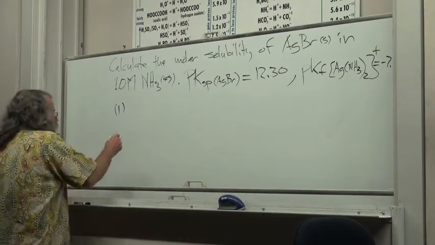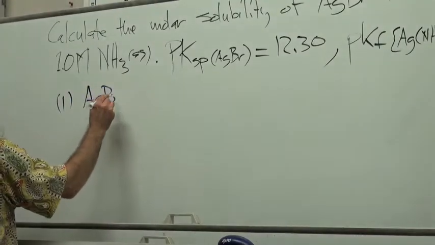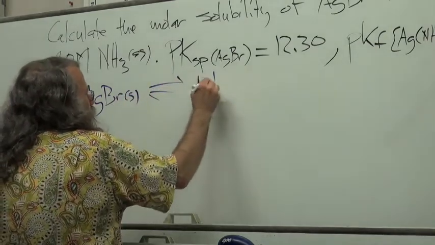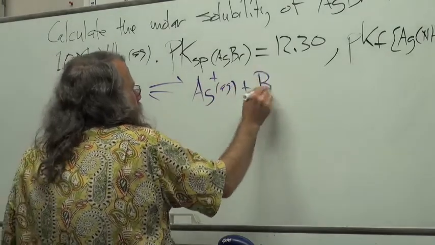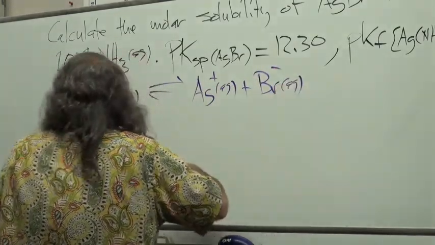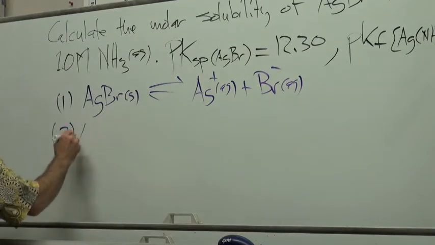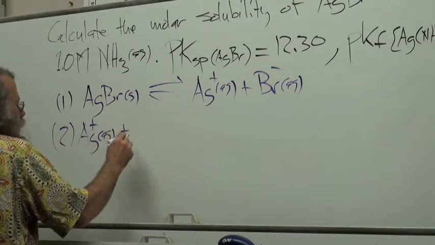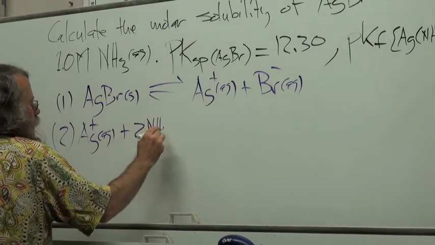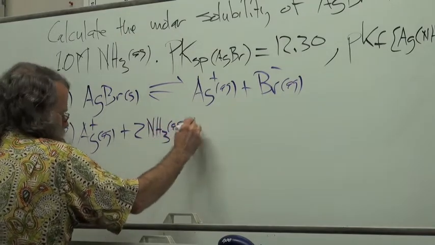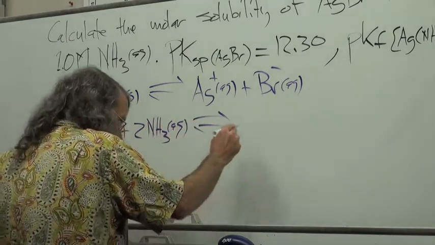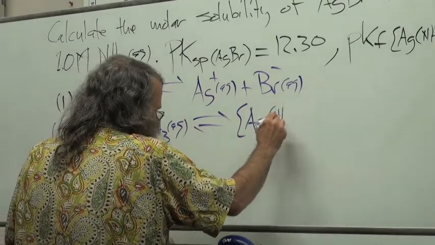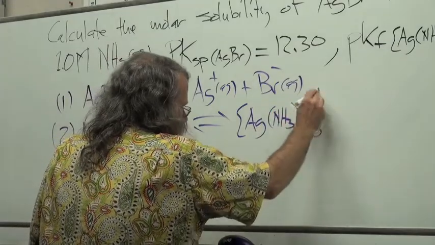The first process is solid silver bromide dissociating into silver ions plus bromide ions. The second process is that the silver ions so formed can then combine with 2 ammonia molecules in solution to give the diamine complex of silver.